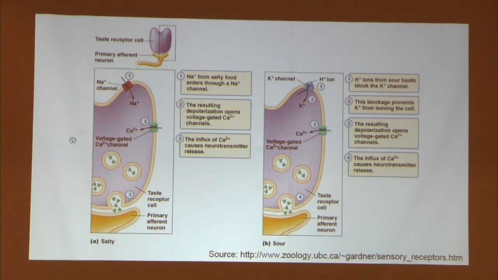So this is the taste bud receptor, the specialized sensory receptors, and they don't look like normal neurons, but they release neurotransmitters, and that's kind of what makes them neurons. So this is the taste receptor cell, and then we have the primary afferent neuron, which is going to receive the neurotransmitter and then produce an action potential if it's excitatory.